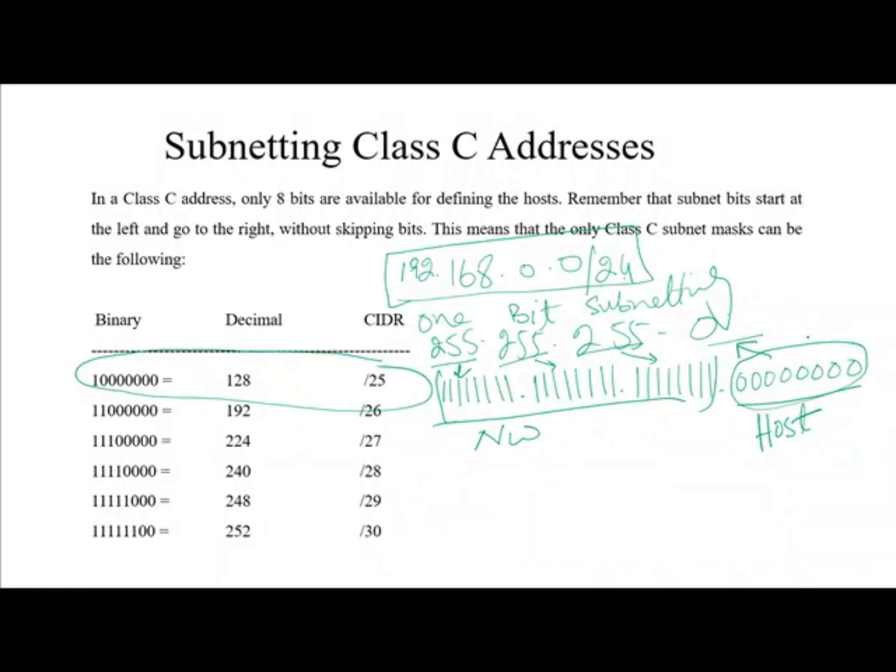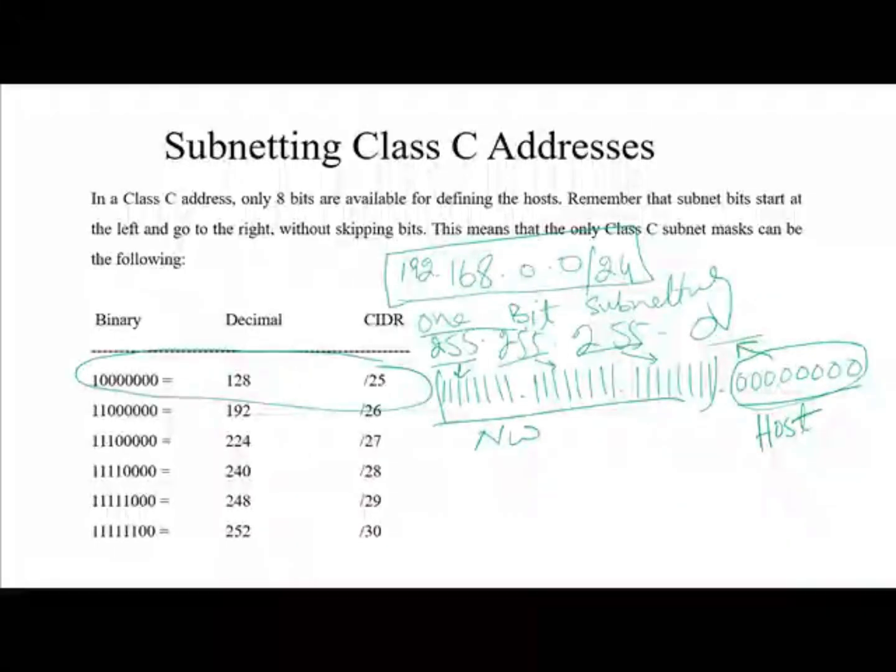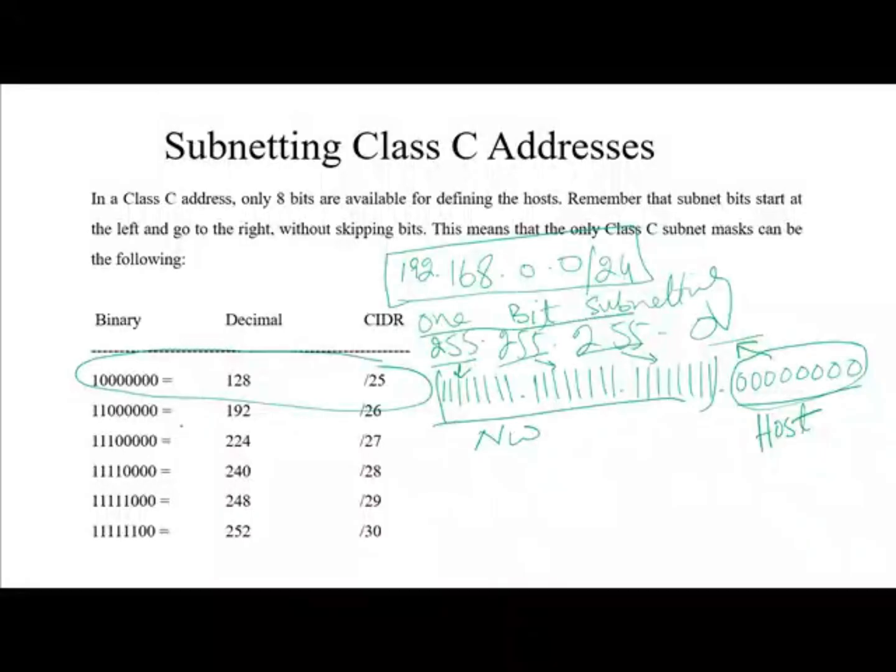So what we will do, our example is to perform 1-bit subnetting. So here we need to perform 1 bit. We will move that 1 bit, the nearest bit, this one, to the network portion. Means we need to turn that bit on. That bit will be on. So how will we perform that?